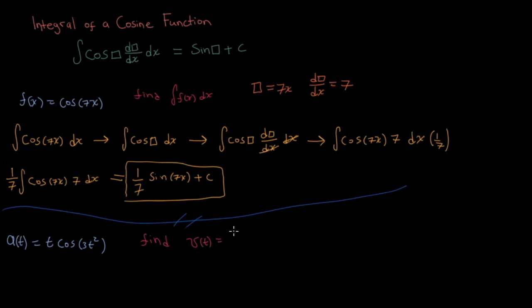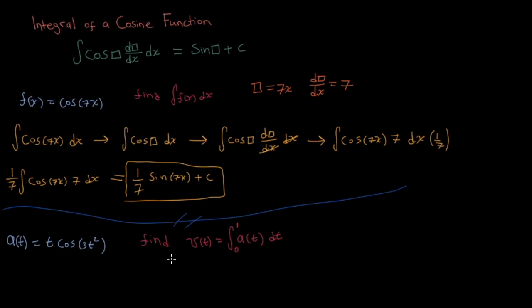So v at t, we know, is the integral of the acceleration dt. But not only that, we're asked to find the average speed from time 0 to time 1. So in order to do that, we just take the integral of this acceleration function.